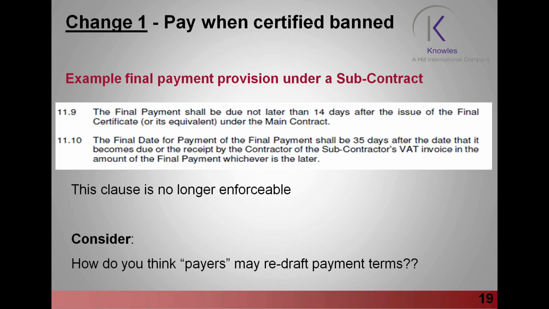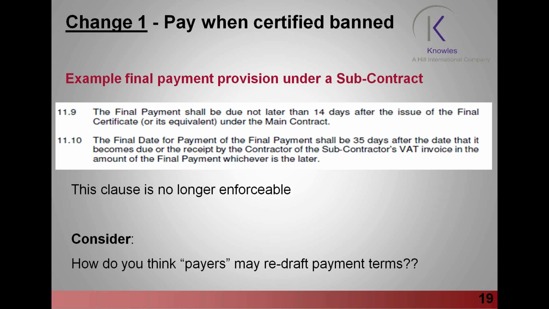This clause is no longer enforceable. And the same is true of the next clause down. 11.10 states, the final date for payment of the final payment shall be 35 days after the date that it becomes due, or receipt by the contractor of the subcontractor's VAT invoice in the amount of the final payment, whichever is the later.